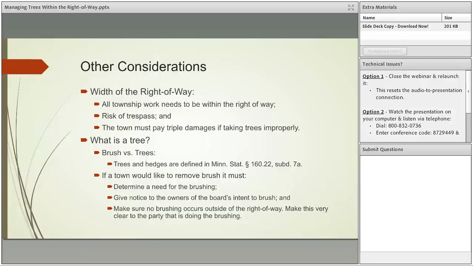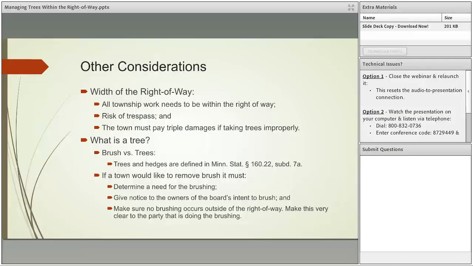The other big thing we want to know is what is a tree or a hedge in Minnesota law? Because sometimes towns go about brushing, and so these can be treated a little differently. Well, Minnesota Statute 160.22 subdivision 7A gives us a definition for trees. That is a woody perennial shrub or vine that's at least 6 inches in diameter, measured at a point 2 feet up from the ground.